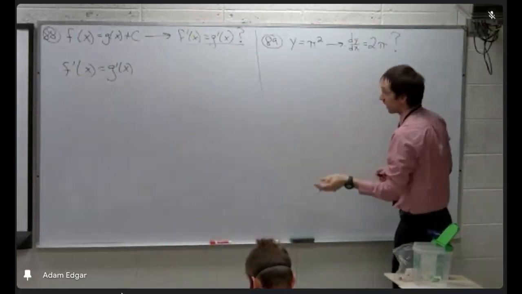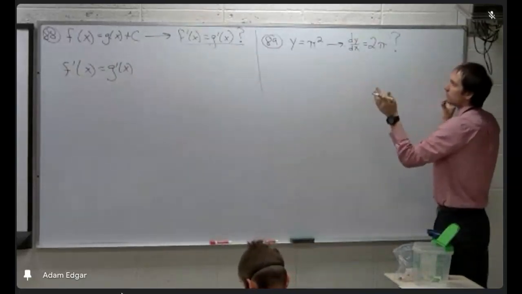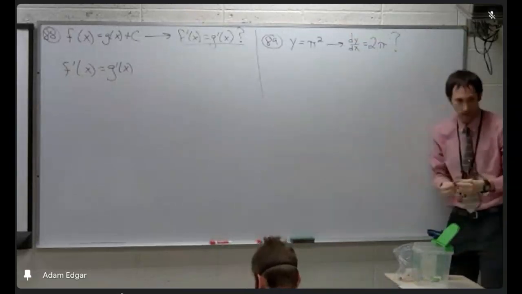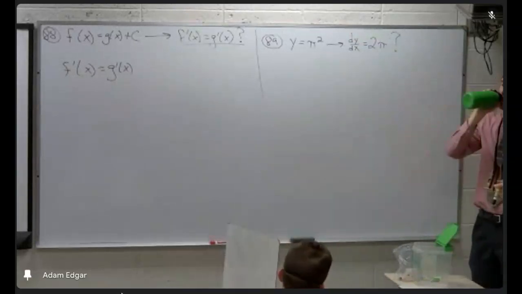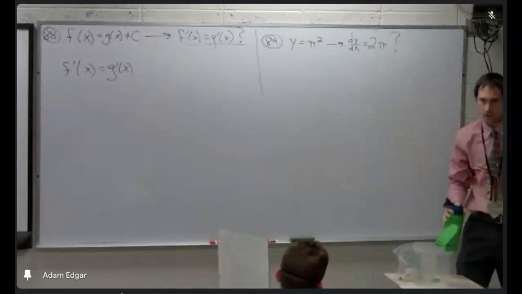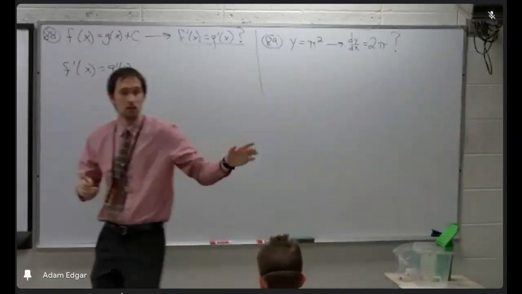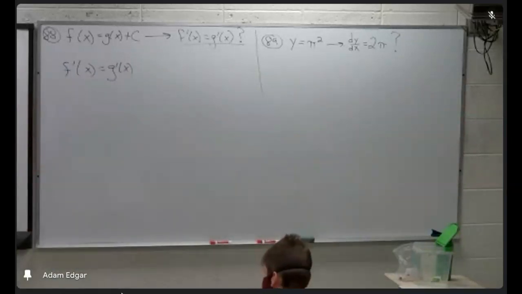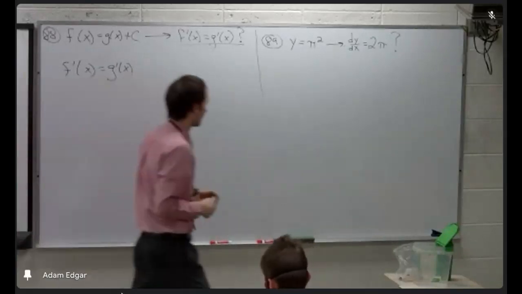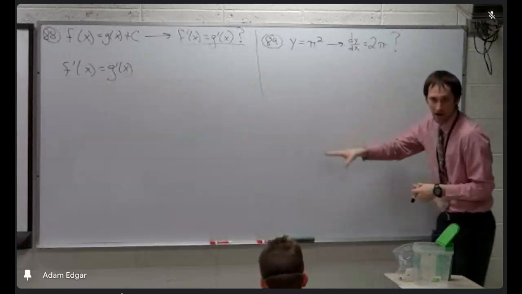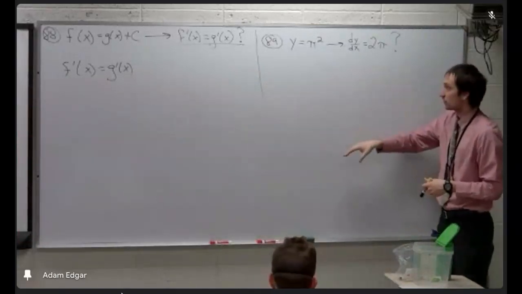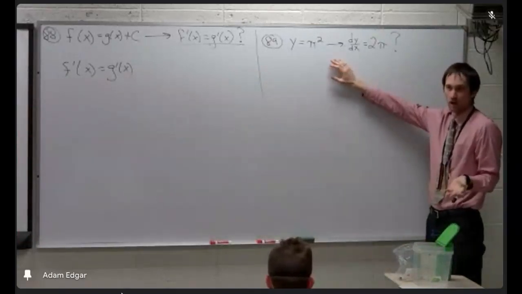Let's stay here with 89. True or false? Write it down, hold it up. Mostly good. So mostly hooray. It's false. So why? What is pi? Constant. Specifically, it's roughly what? 3.14.